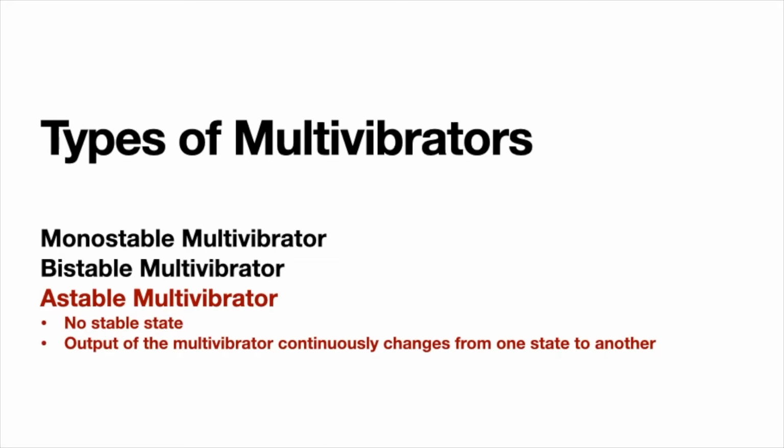If we look into the astable multivibrator circuit, there are no stable states in it. Also, if you see the output waveforms of this astable multivibrator circuit, the output continuously changes from one state to another state, right?